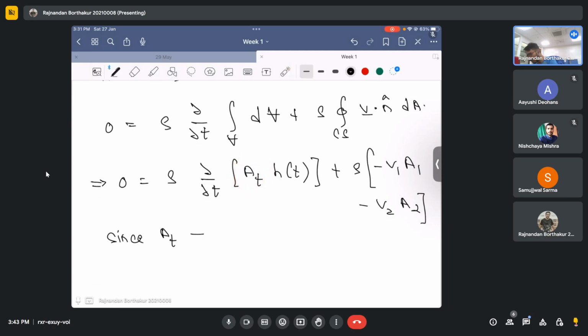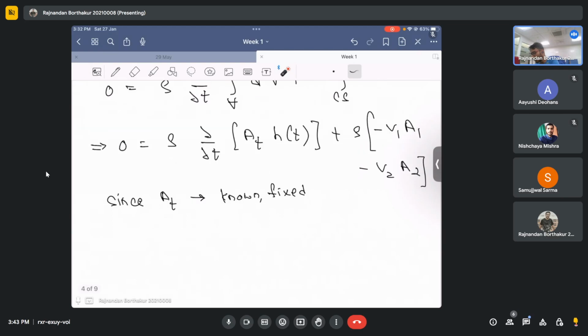So since At is known and fixed, we will bring this At out of this differentiation, and this h of t is just a function of time, right? H of t cannot be a function of space because the height will only increase with time, which means that this partial differentiation can now be written as an ordinary differential. That's what I mean to say.